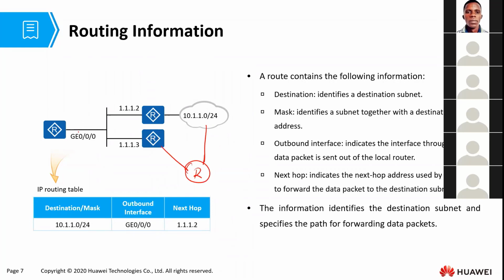And then we have this path, and we also have this path where we send to 1.1.1.3. Which one do you think is the best one? The one on 1.1.2. The question is why? It is closer. It involves only one router.